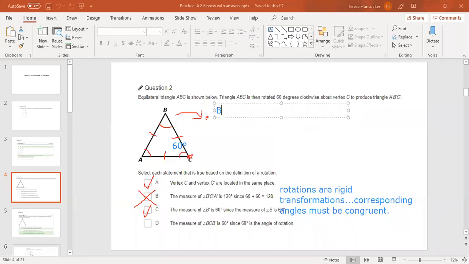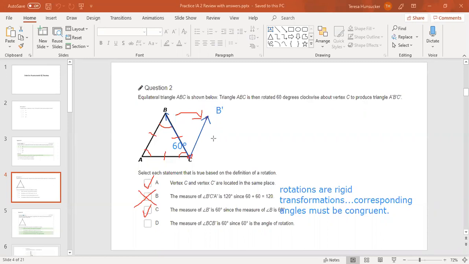The center of the rotation is C. So the vertex is C, and I'm going to create an angle whose vertex is C that has sides CB and CB prime.